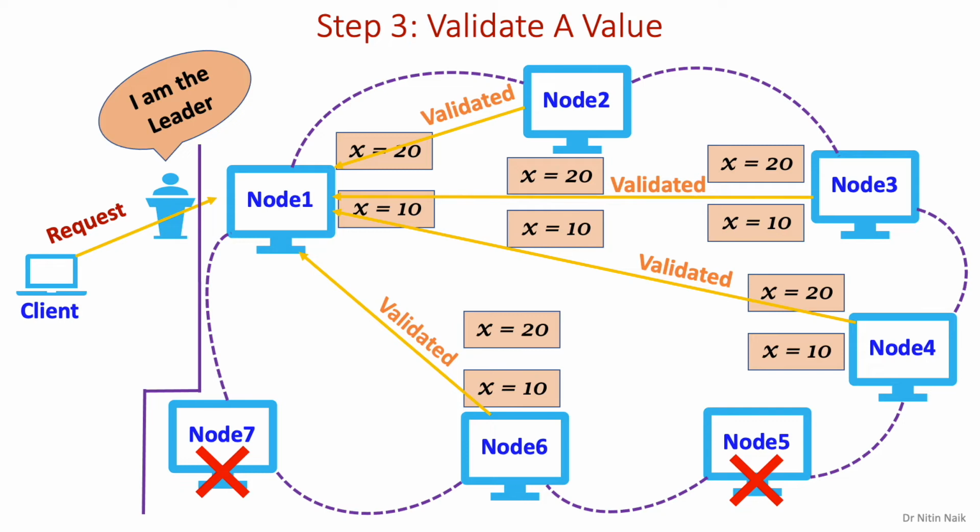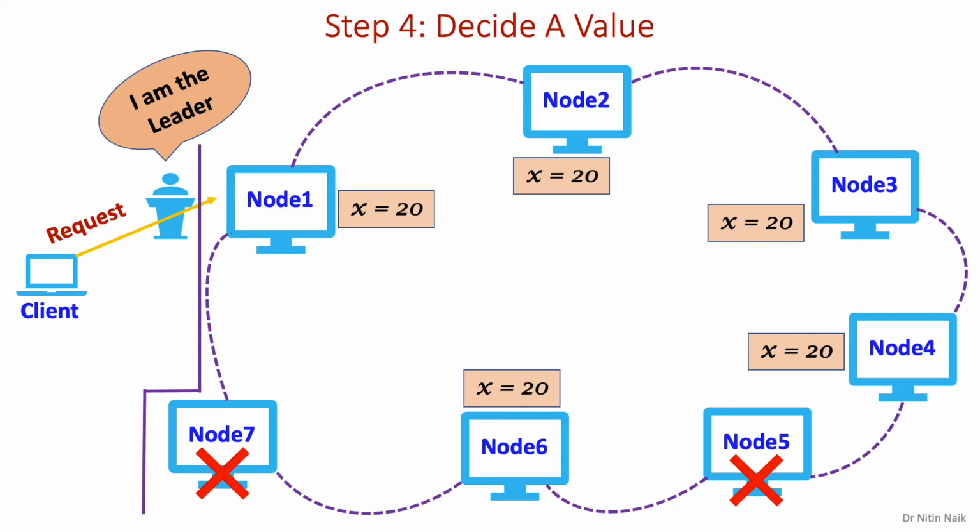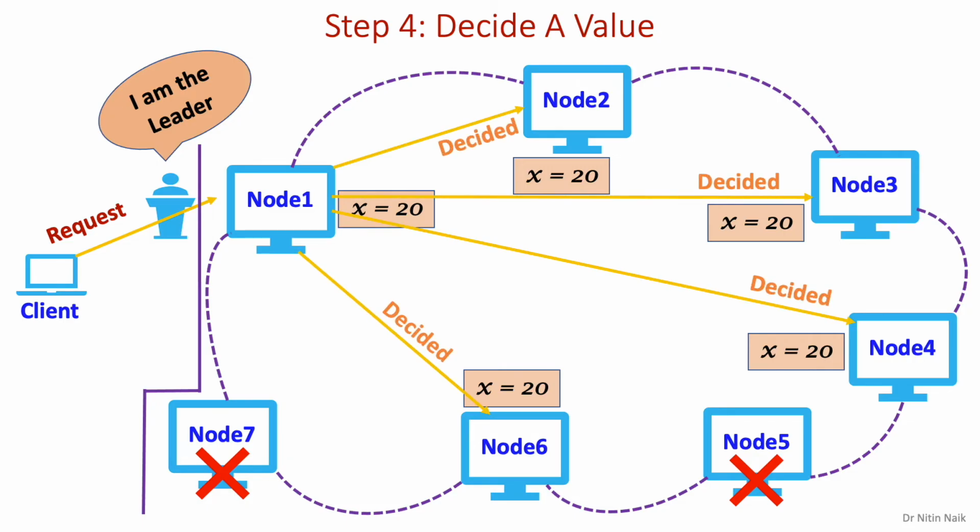Just to note, here we are mostly considering the positive life cycle of a consensus process. Once the leader has received the response from all or a majority of honest or non-faulty nodes, it decides whether to accept or reject the proposed value depending on the majority of responses. This agreed value is normally sent from the leader to the client. Again, these steps and associated actions may vary from algorithm to algorithm.